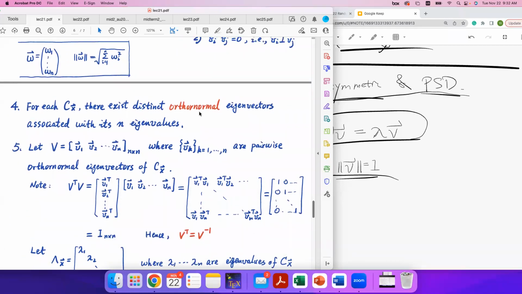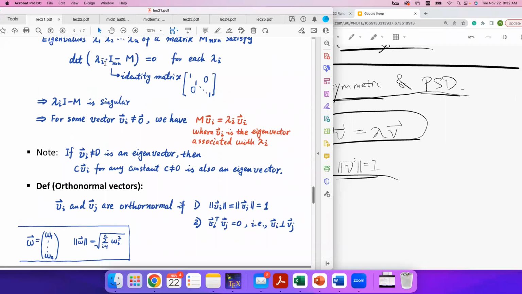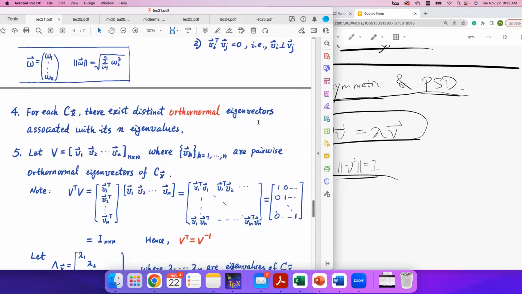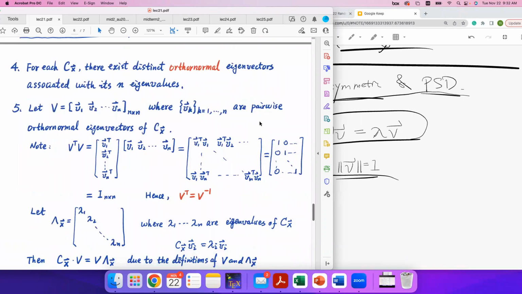And then once we have these lambdas and v's, we can decompose the original matrix M using them in a very compact form. And this is how we do the decomposition.